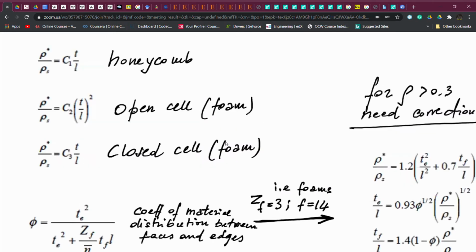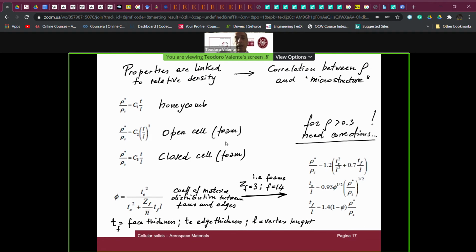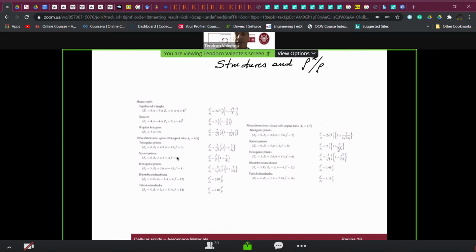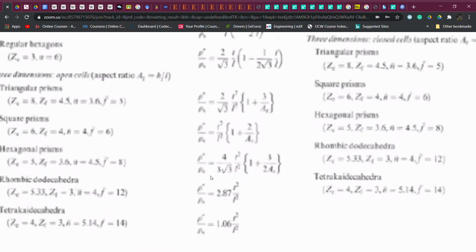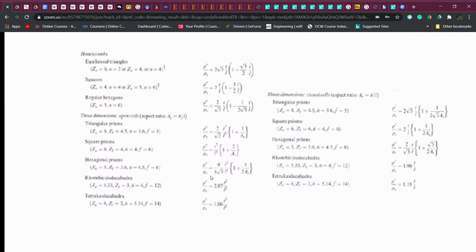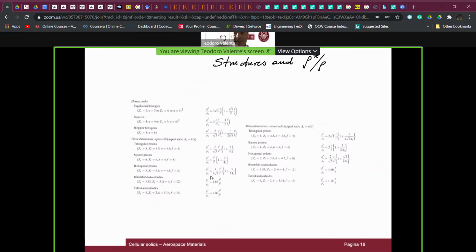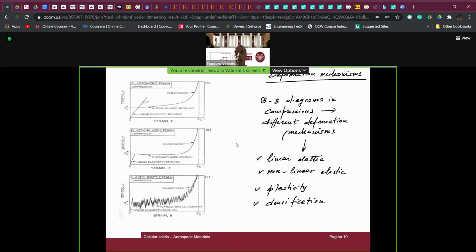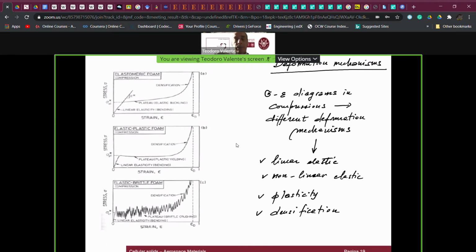Using expressions which can be reconducted to this general approach, we have the possibility to calculate offline the expected ratio between the real density of the cellular solids and the mass density of the corresponding bulk materials. This defines one important parameter, which is, as I said, the ratio between the two mass densities.